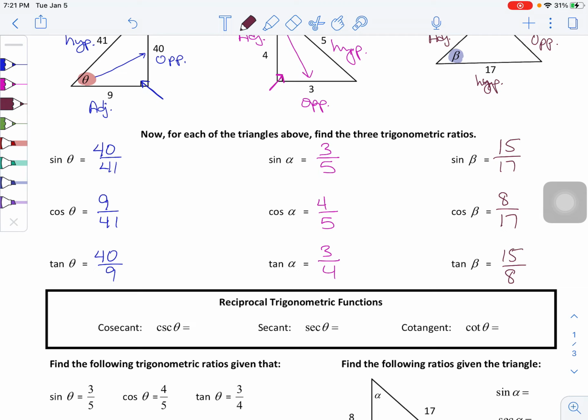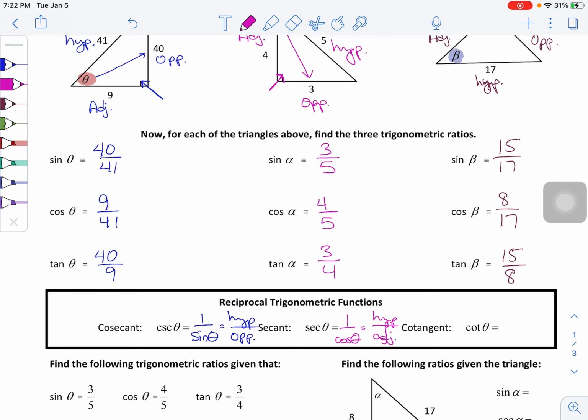So cosecant is the reciprocal to sine of theta, which means that the fraction would be hypotenuse over opposite. Secant is the reciprocal to the cosine function, which means this would be hypotenuse over adjacent.